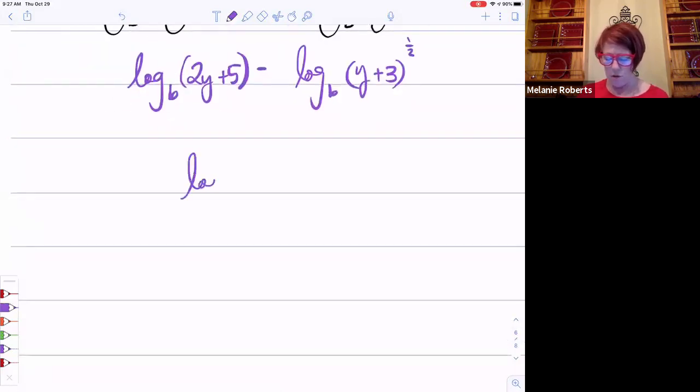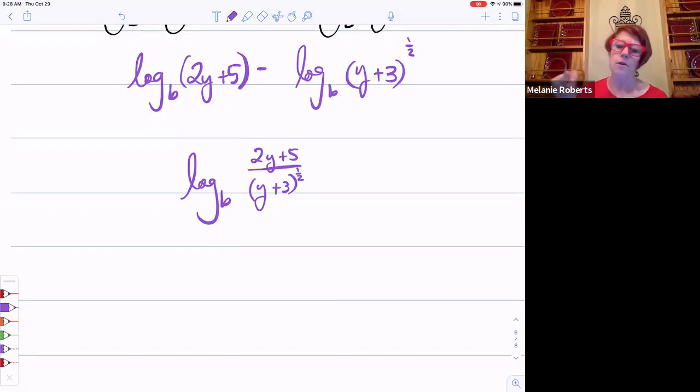So the quotient rule says that I have a single log of a quotient, a top and a bottom. So on top I have 2y plus 5, and on bottom I have y plus 3 quantity to the 1/2. I've condensed it to my single log, and folks, this is okay to leave it like this. I know I have a square root on the bottom, but it's totally fine to leave it just as is.